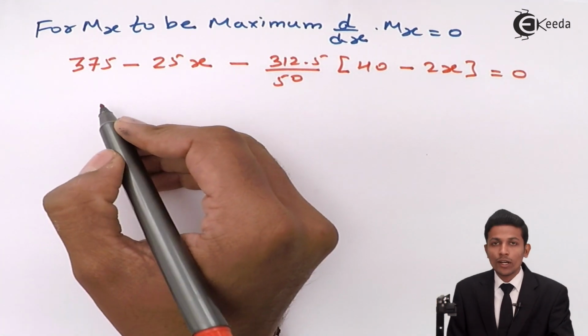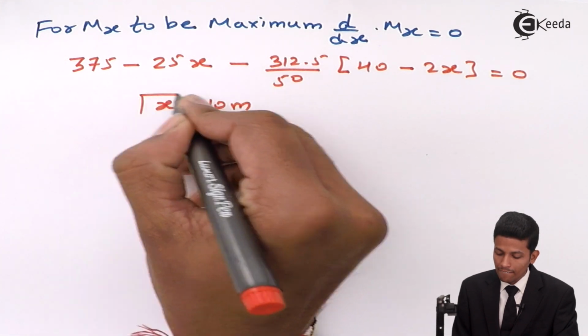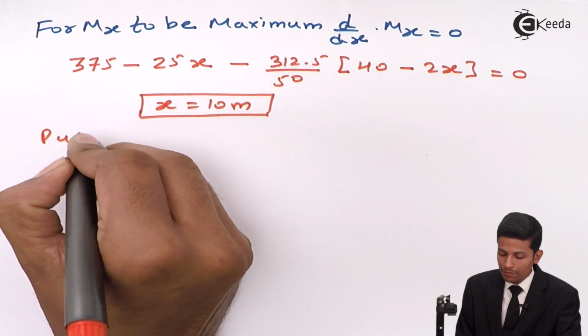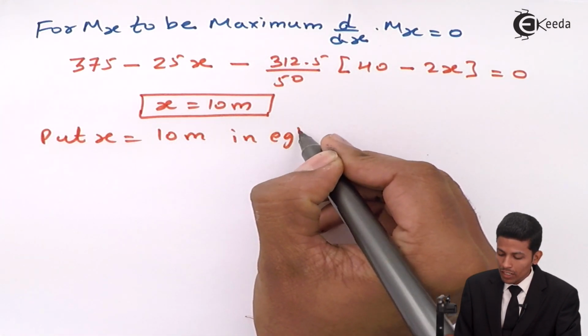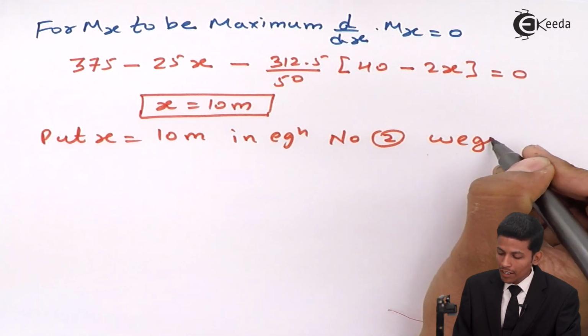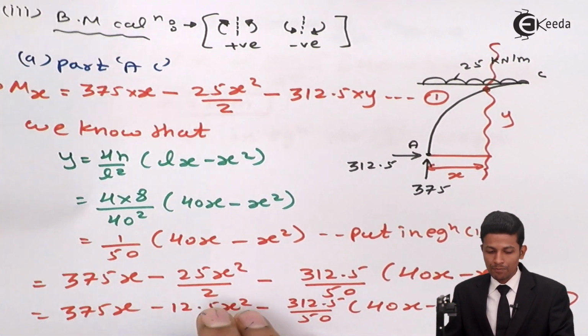Solving in the calculator directly, you get the value of x as 10 meter. Now put x equal to 10 meter in equation number 2.